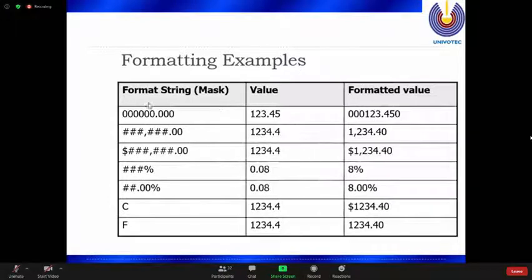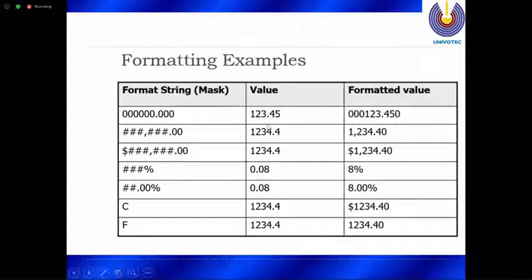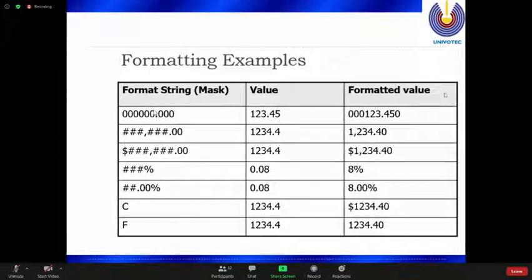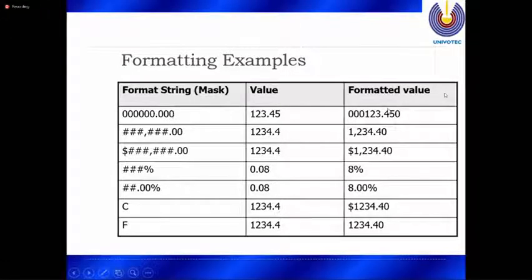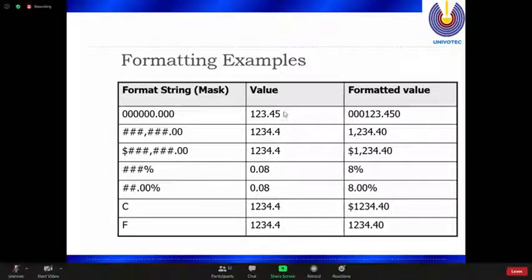Now here, if you use string format with ToString within brackets, like the values here, 123.45. Here we use the placeholder as 0, so it also appears because there is no 0 in your value.